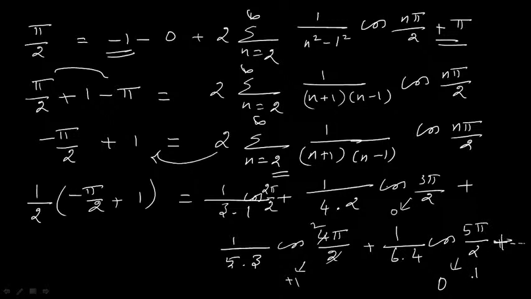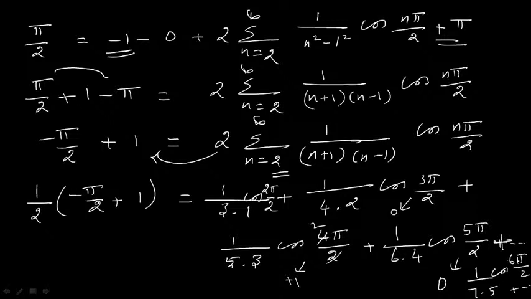Here, if n is equal to 6, what happens? 7 product 6 minus 1, 5, cos 6 pi by 2. If you substitute n is equal to 6, 1 over 7 product 5 cos 6 pi by 2 plus etc. What is the value of cos 6 pi by 2?